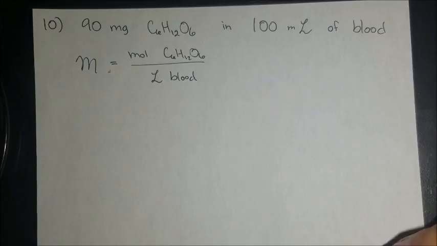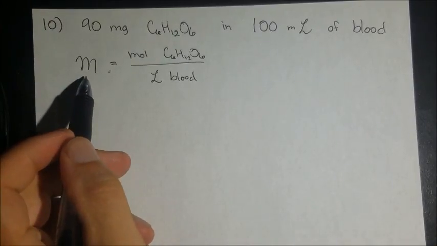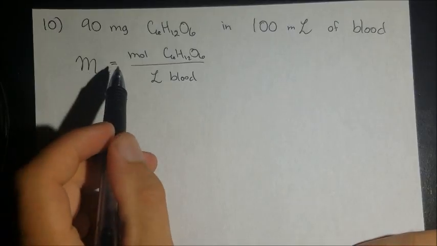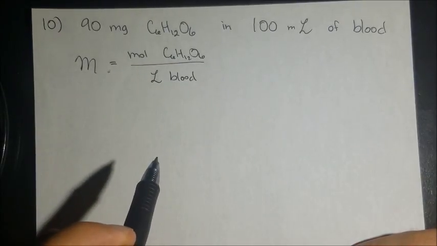And then lastly, for number 10, we're given that blood contains 90 milligrams of glucose in every 100 milliliters of blood. So let's relate this to the molarity equation, because we're asked to determine what the molarity of glucose is. And what we want to figure out is how many moles of glucose there are in a liter of blood.